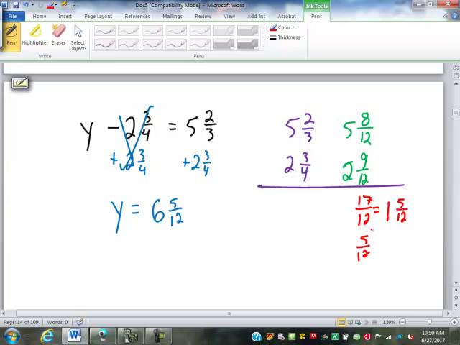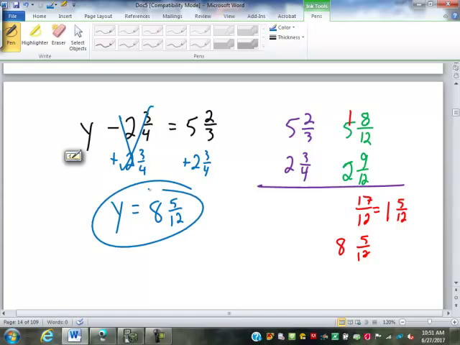Good. We keep the 5 twelfths. Carry the 1. I don't know why I came up with 6 there. That should have been 8. So y is 8 and 5 twelfths.